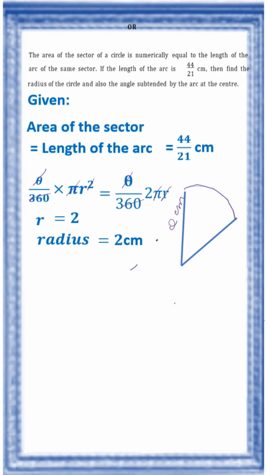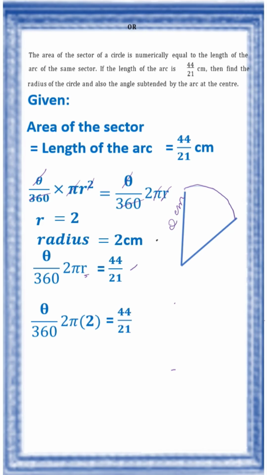Now let us substitute the value of radius equal to 2 centimeter in the formula of length of the arc. Theta by 360 into 2 pi r, that is equal to 44 by 21. Here let us substitute r is equal to 2. Here 2 into 2 is 4.